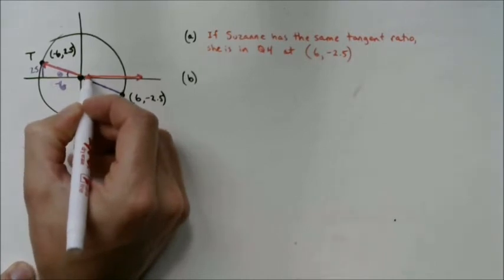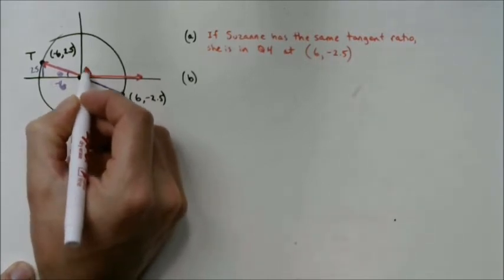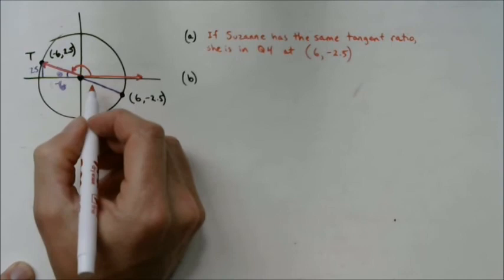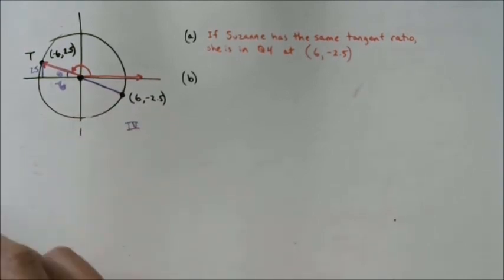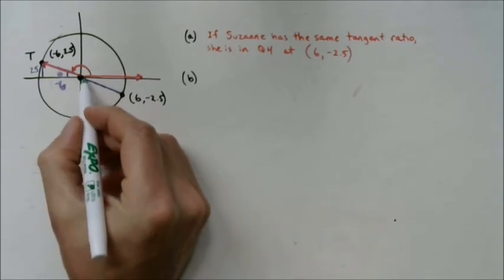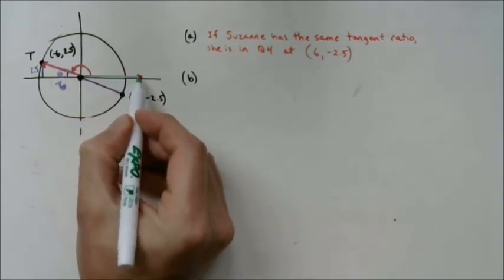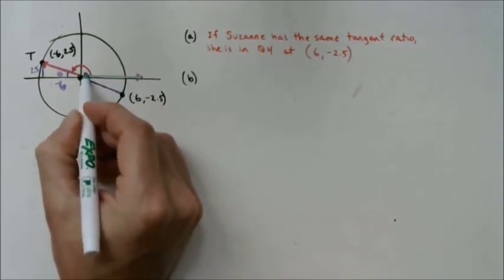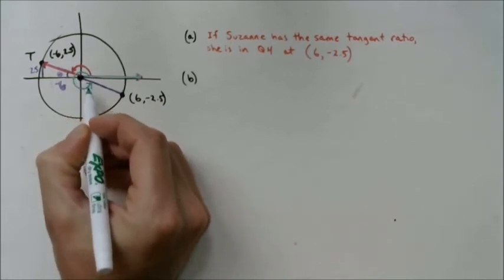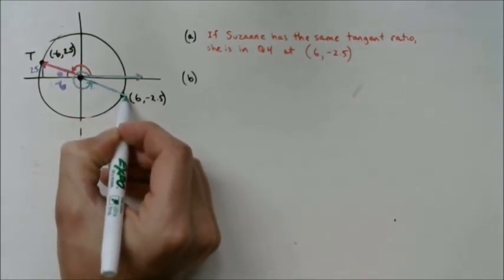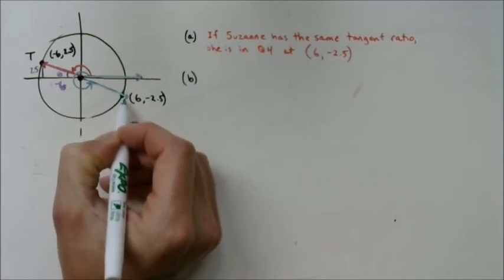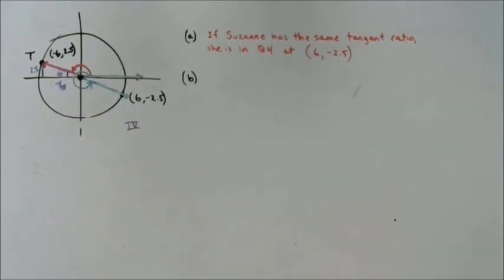So we're finding this angle, and we have one terminal arm going to Suzette's house. Just draw a whole other one, going all the way around to Suzette's house, hitting at (6, -2.5). Okay? So here we go.